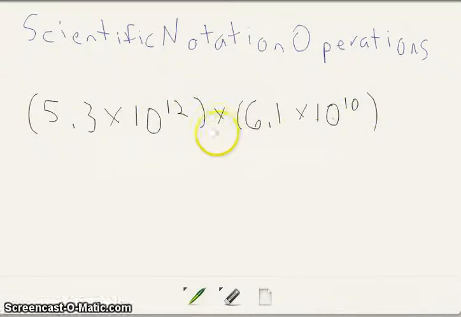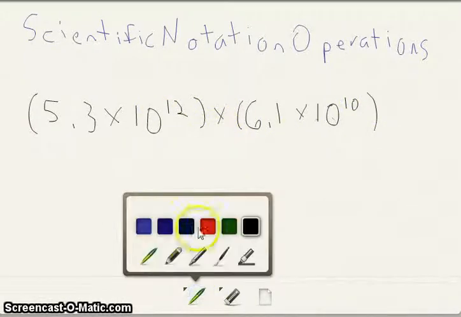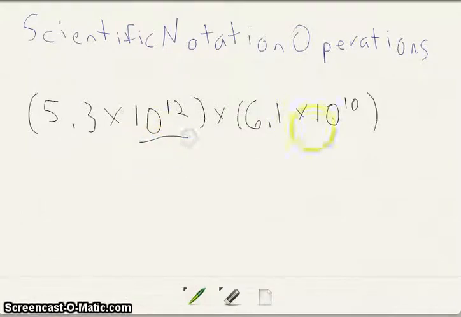Again, because this is multiplication, I'm first going to worry about my exponents. So 10 to the 12th times 10 to the 10th, I'm just going to add those exponents. So I'm going to get 10 to the 22nd.